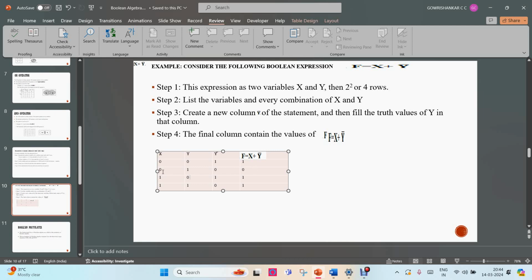Next, x is 0 and y bar is 0, so it becomes 0. Third, x is 1 and y bar is 1, so it becomes 1. In the fourth, x is 1 and y bar is 0, so it becomes 1.